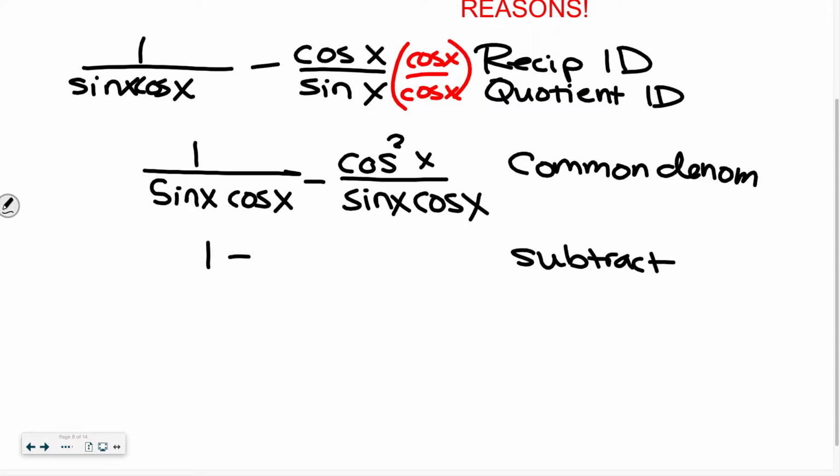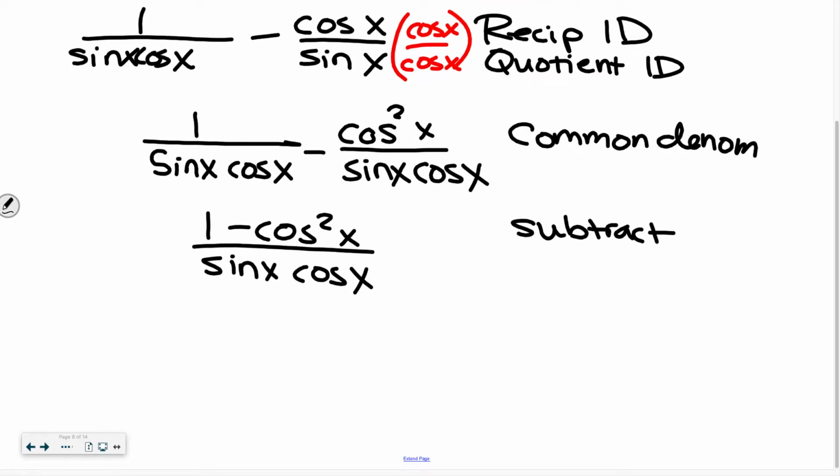So this is going to be 1 minus cosine squared x over sine x cosine x. Through subtraction. Now you have to be careful. Don't get cancel happy. Can't cancel out your cosines because this one has a subtraction in front of it. Is anybody seeing anything that might work out nicely for simplifying?